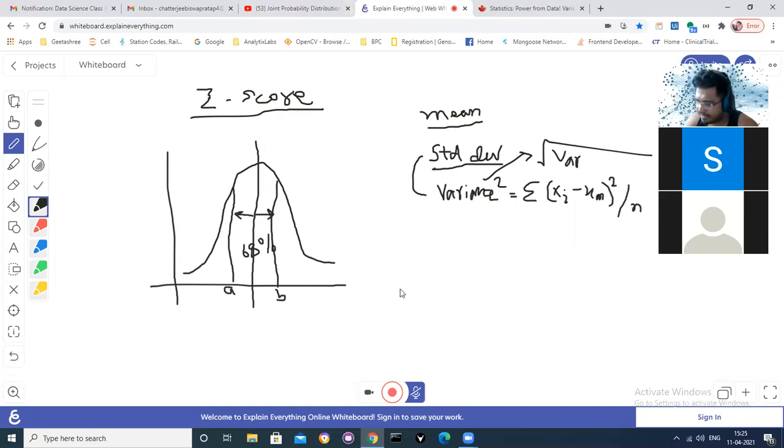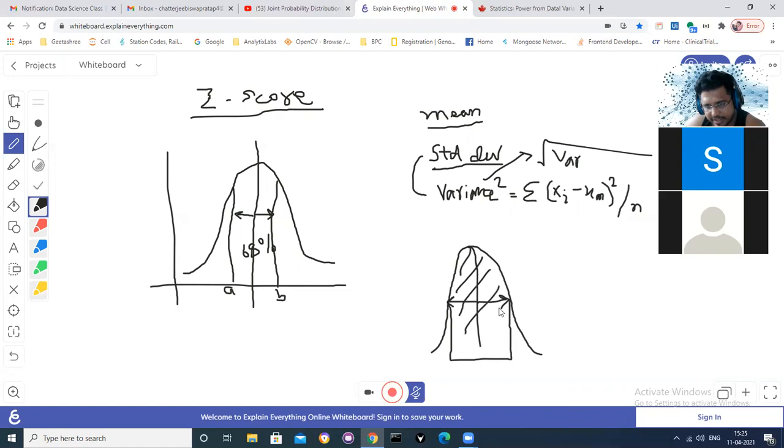Okay, this is a very important information. So what does it say? That from the mean, first standard deviation on the left, first standard deviation on the right, whatever data is coming inside this region, if I draw a straight line like this box, contributes to 68% of the total data.